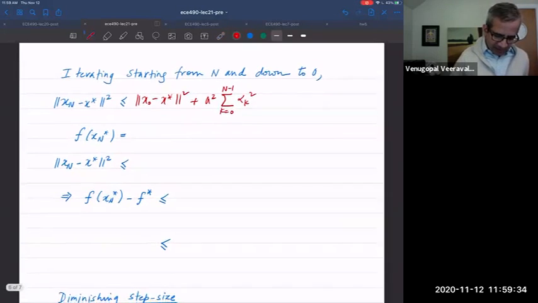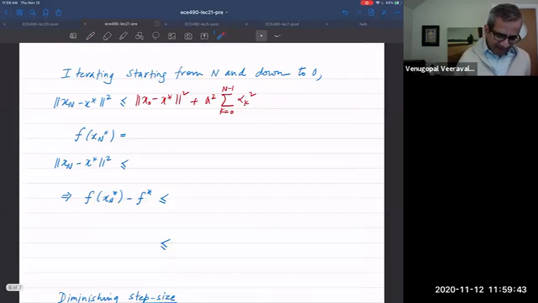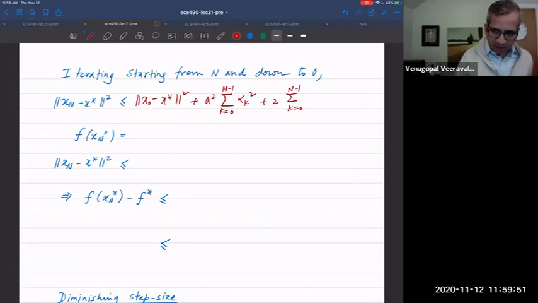So that's like terms of this form. So a squared times the sum of the alpha k squareds. And then I'll have 2 times the summation k equal to 0 to n minus 1 alpha k times f star minus f of xk.